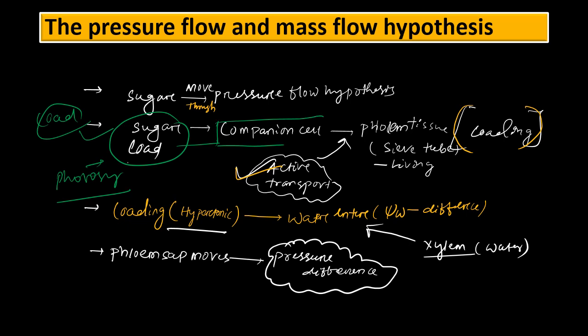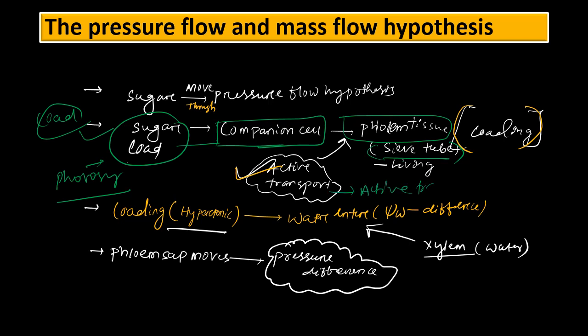This is known as the companion cell. Then from the companion cell, the sugar is stored in the phloem tissue called the sieve tube, through a process called active transport.